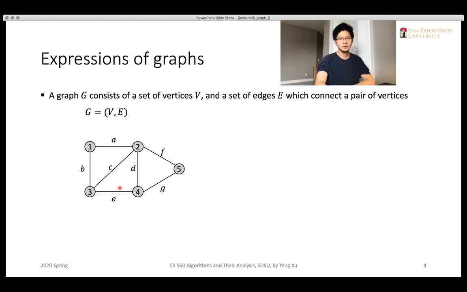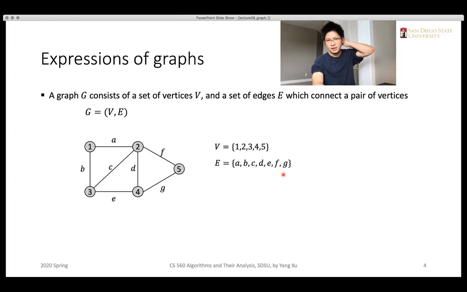So here we say the set of vertices capital V is a set of integer numbers 1, 2, 3, 4, 5. And we use lowercase letters to indicate one edge. So the set of edges is a, b, c, d, e, f, g. This is a very simple example of how a graph may look like.